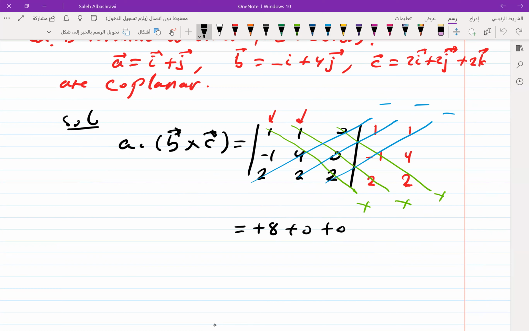Now move down to up. The first one, 2 times 4 times 0 is 0. Next one, 2 times 0 times 1 is again 0.